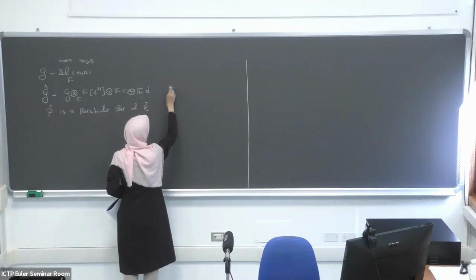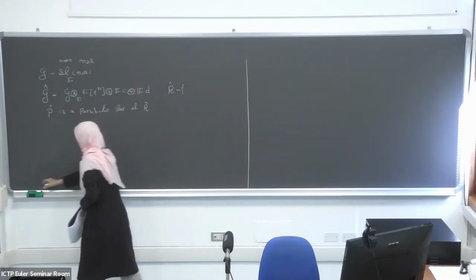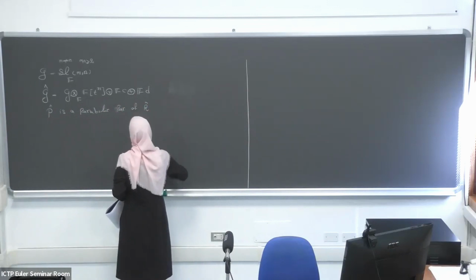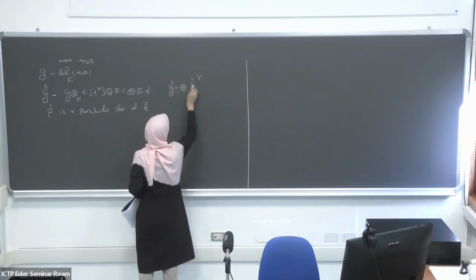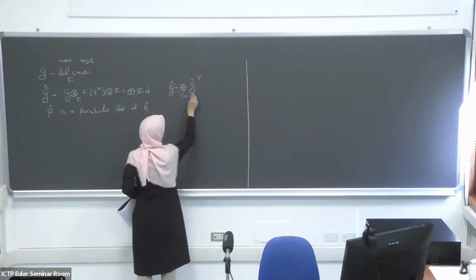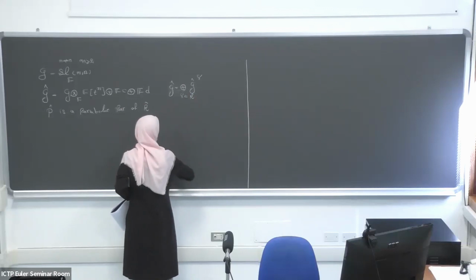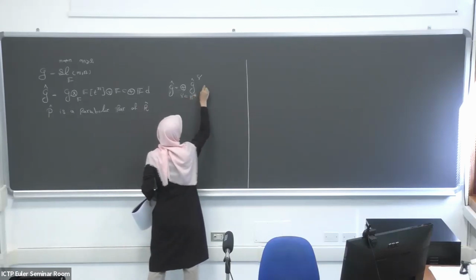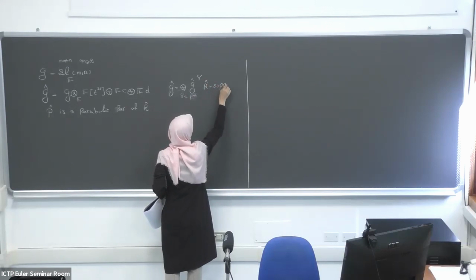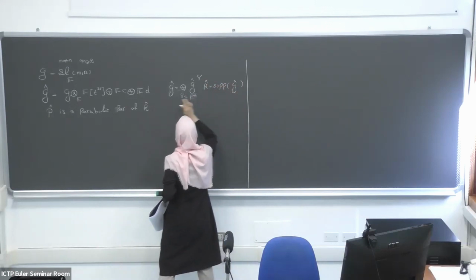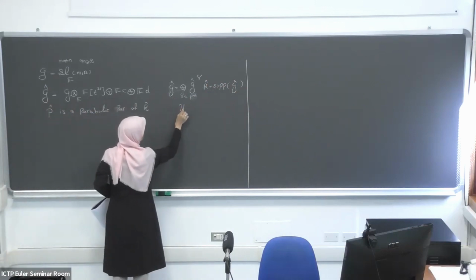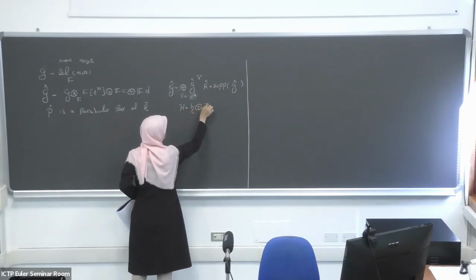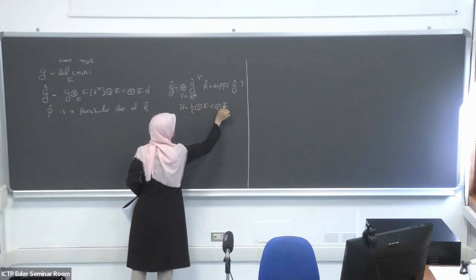R hat was the set of, in fact, G hat was the direct sum of G hat gamma, where gamma is an element of R hat. In fact, G hat has a weight space decomposition with respect to H. H was H direct sum FC direct sum FB.